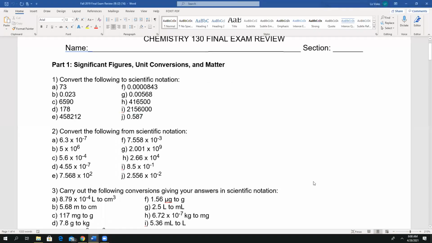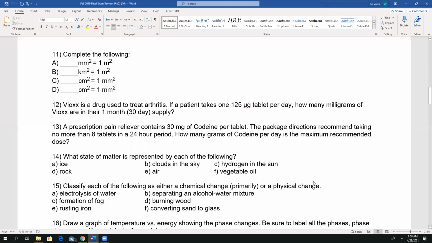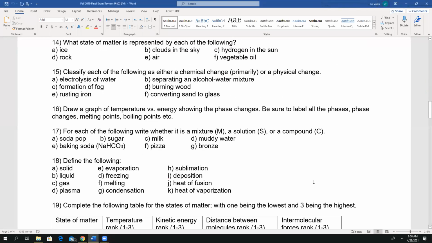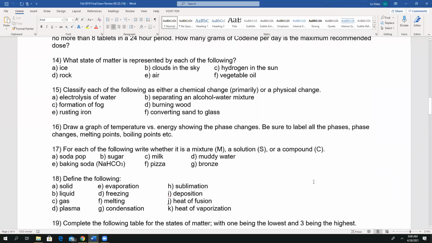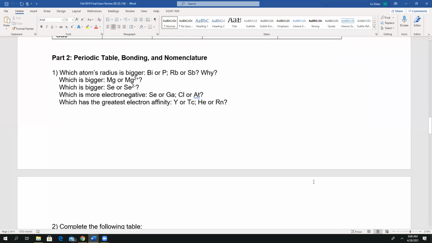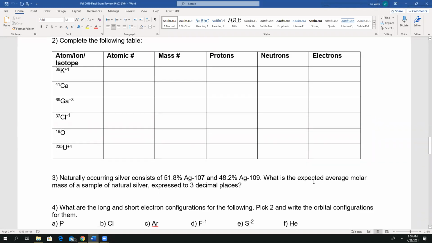We're going to share now. We've already done one of these. This is where we stop. Okay, for this one, you'll need a periodic table.